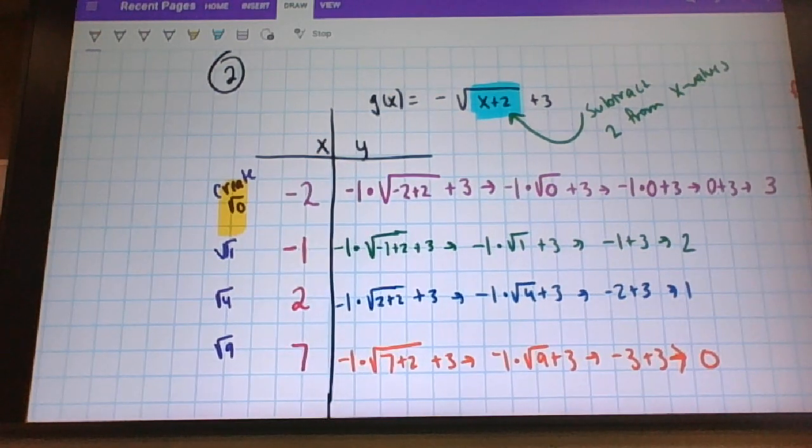All right. So here are our ordered pairs. I have negative 2, comma 3, negative 1, comma 2, 2, comma 1, and 7, comma 0.